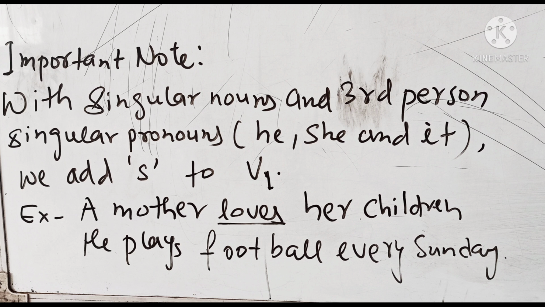Now, here, a mother is a singular noun, right? So, we add s to the action word, the verb love. So, the sentence would become a mother loves her children. For third person singular pronoun, he: he plays football every Sunday.